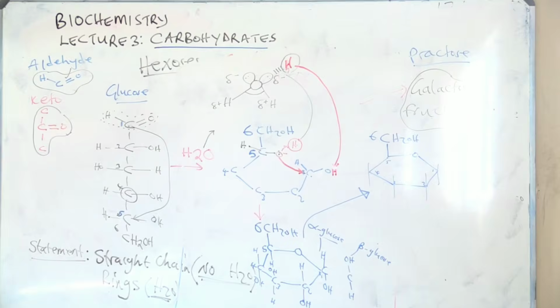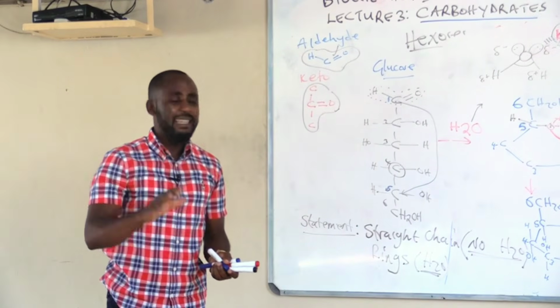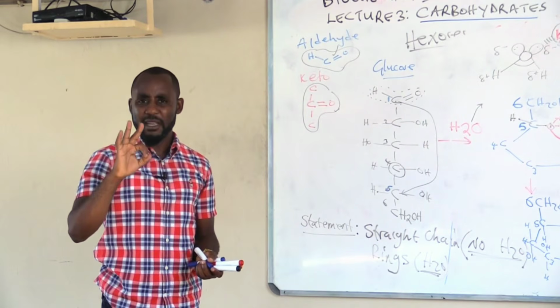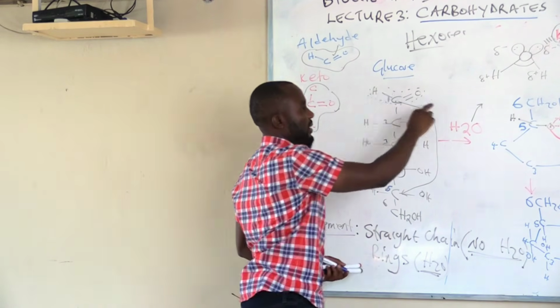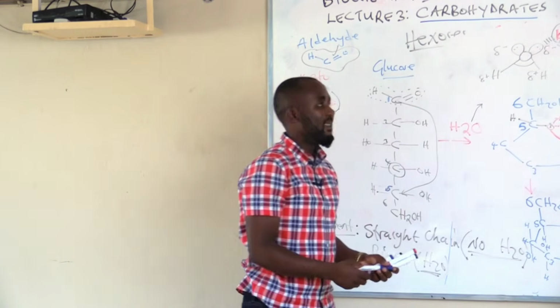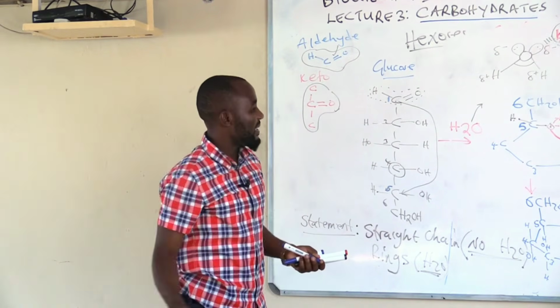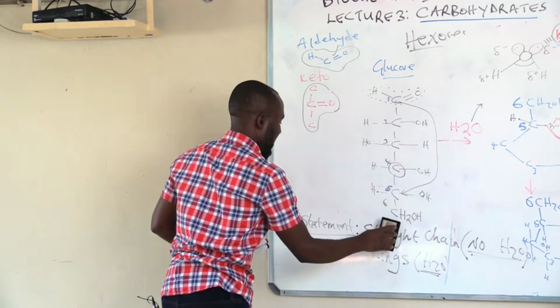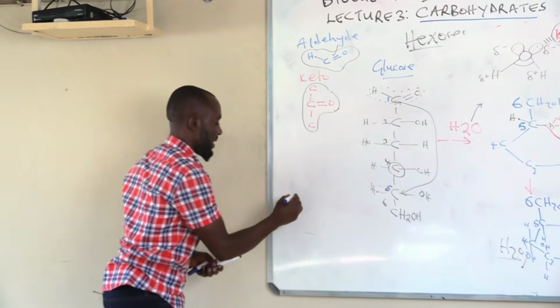You should remember one important thing before I summarize monosaccharides. I gave you 3 examples of monosaccharides that we shall look at: glucose, galactose, and fructose. The 3 sugars you are seeing there, if you look at them very well, they have the same chemical formula.